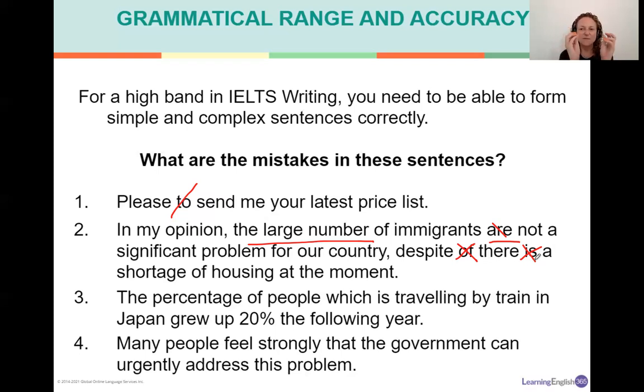You're looking at the verb structure after despite in the second clause. It's very important that you get it properly. There are other ways of saying this that would be equally correct, but we're just picking out the errors that are in these sentences. Number 3.